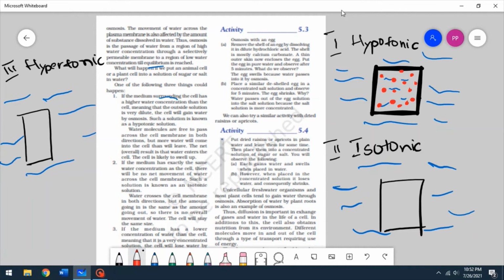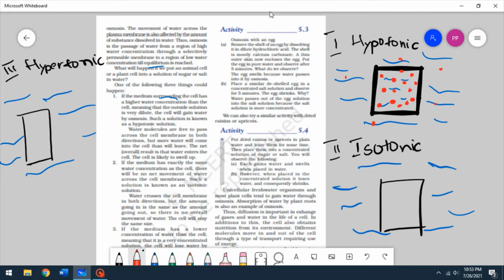Keep this clear in mind. The inside of the cell has a higher concentration of the solute than the outside of the cell, which means that the outside of the cell has a higher concentration of the solvent than the inside of the cell. These are two ways that the question can be posed. So I'm stressing that in a hypotonic solution, the inside of the cell has a higher solute concentration than the outside, and the outside has a higher solvent concentration than the inside.